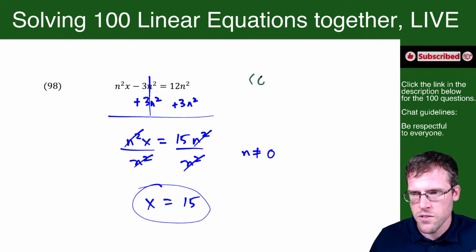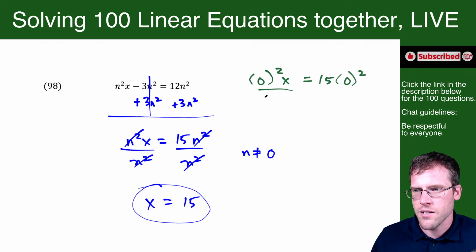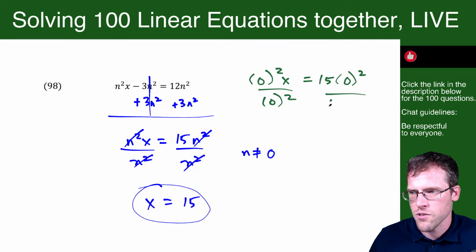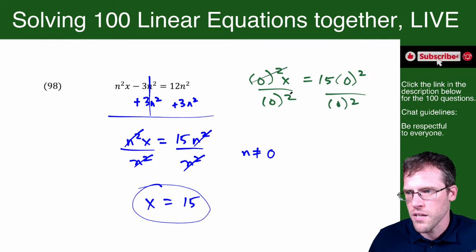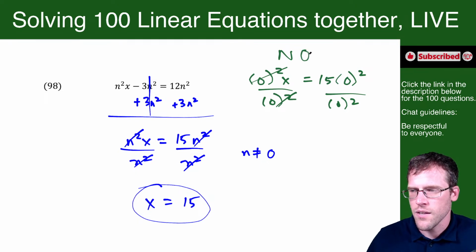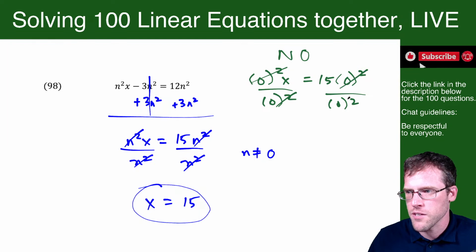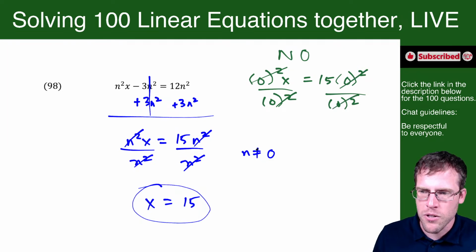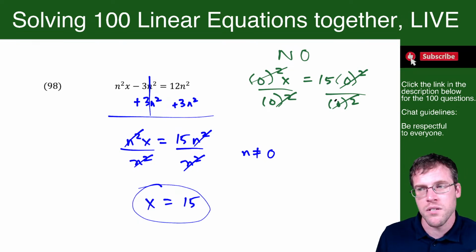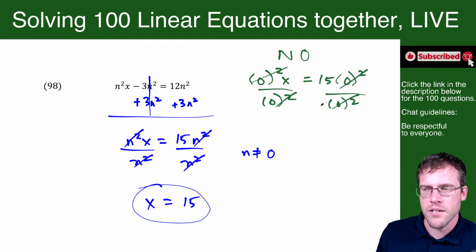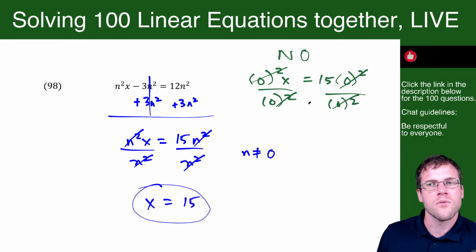If I had 0 squared times x equals 15 times 0 squared, I can't just say, oh yeah, divide by 0 squared. That wouldn't be allowed. So I'm happier with mentioning that the number we're dividing by can't be 0. That's just not okay for us to do, so we have to omit that case.